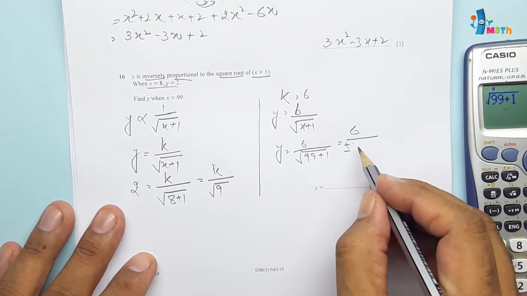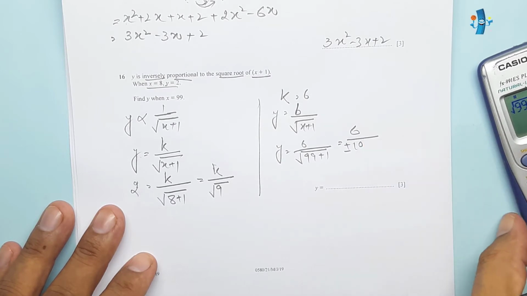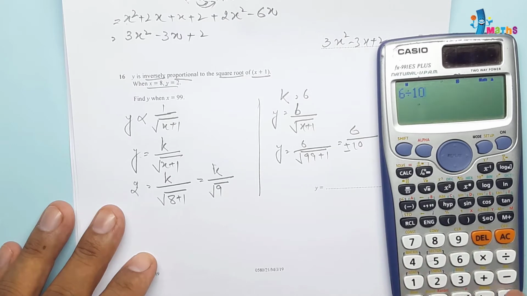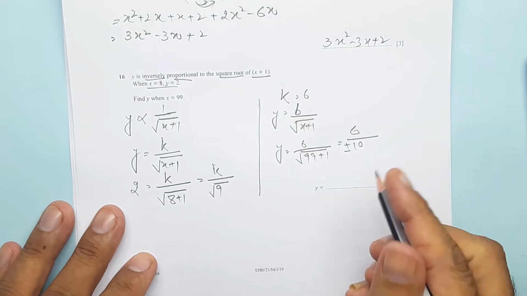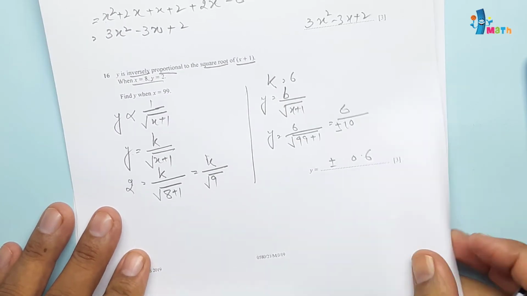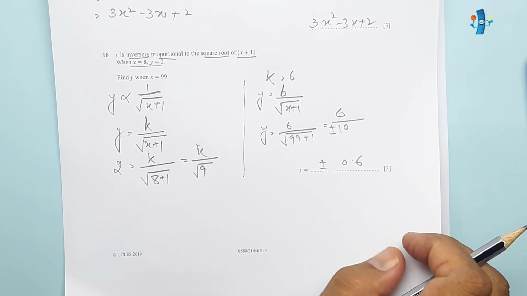So plus minus 10 we can write here. So the answer will be, we can divide 6 by 10. 6 divided by 10 will be 0.6. So we'll write plus minus 0.6 as our answer. This is a 3 marks question, it's easy.